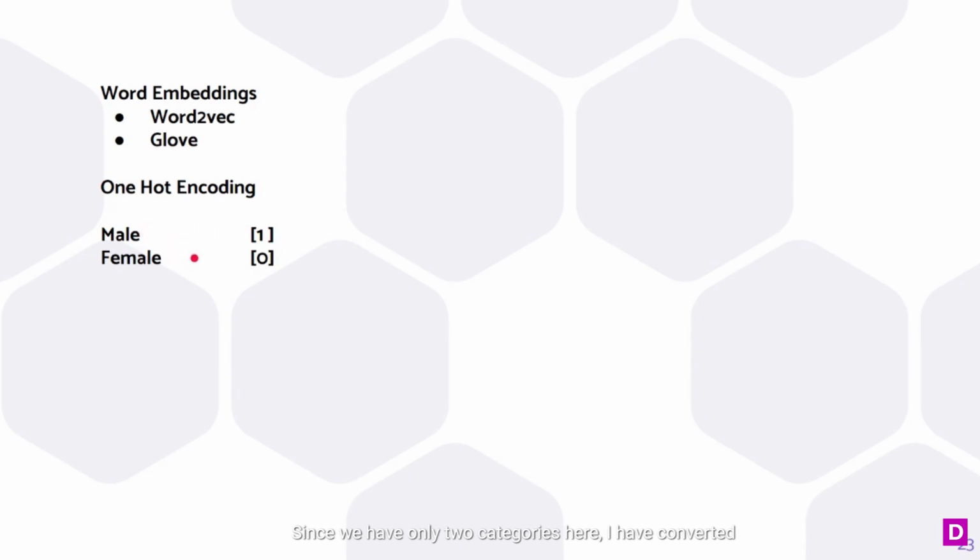Since we have only two categories here, I have converted male and female into 1 and 0. Throughout the column there will be either 1 or 0 replacing male and female. So male and female will no longer be available in that column; they are replaced by 1 and 0. Thus we have converted this textual form into numerical form.